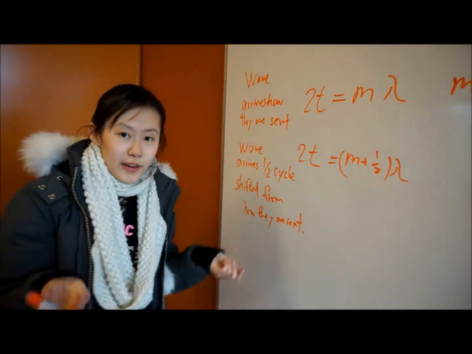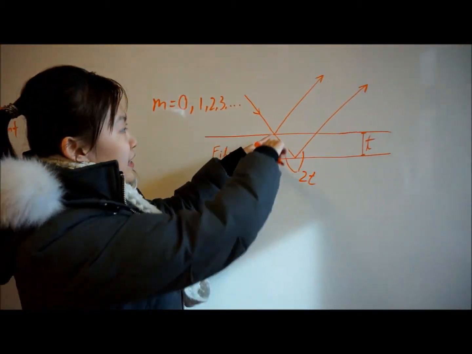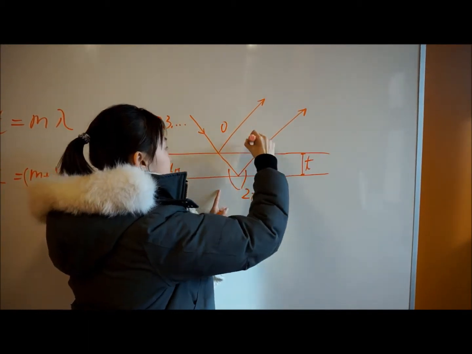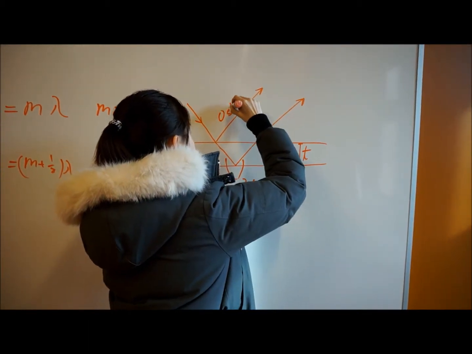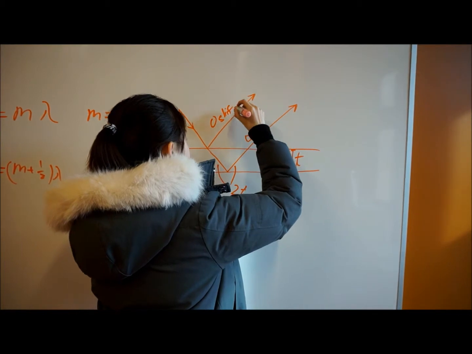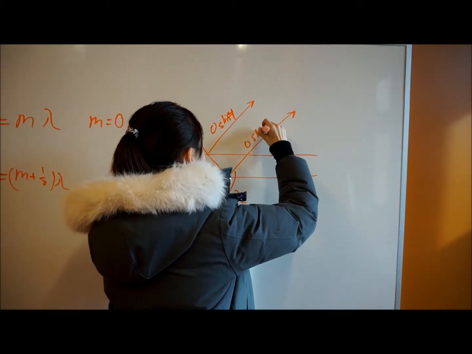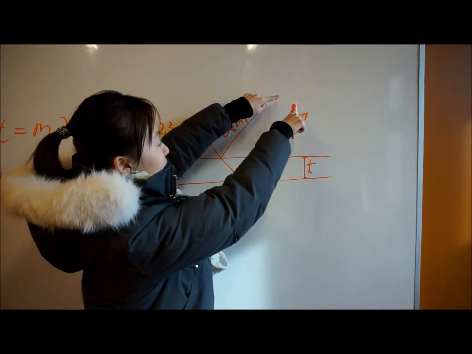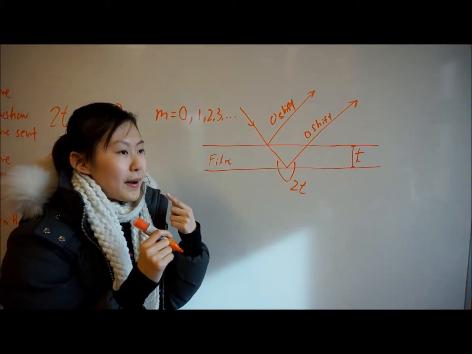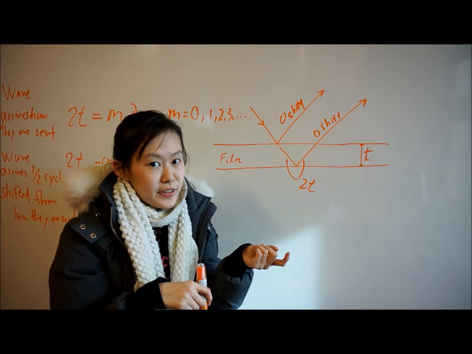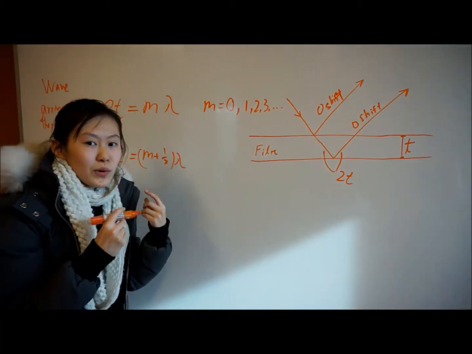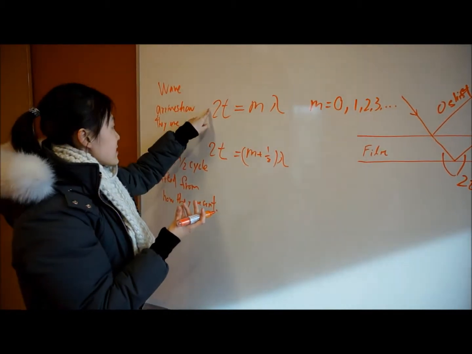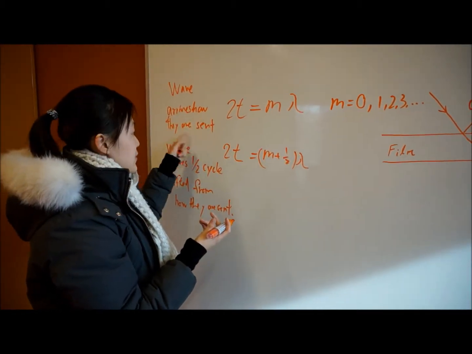So for example, if from the first factor we know there is no shift, when both of them have no shift, they will arrive at the eye with constructive interference. If we want to keep that constructive interference, then we will choose the first equation, since the wave arrives as it was sent.